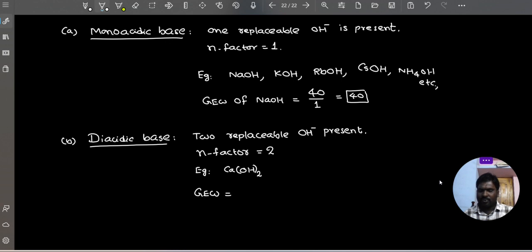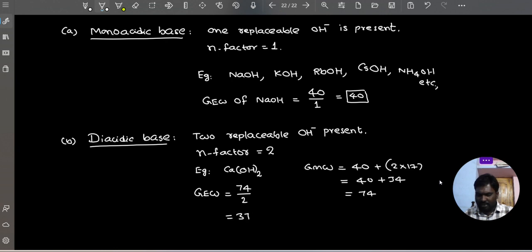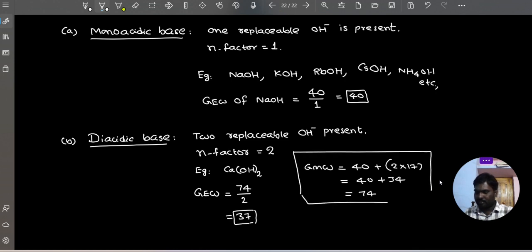Gram equivalent weight equals the gram molecular weight: calcium 40 plus 2 into oxygen 16 and hydrogen 1, which is 17, 2 into 17 is 34, 40 plus 34 equals 74. It can provide 2 hydroxide ions, N factor 2, so 74 by 2, 37, is the right answer. What is the gram equivalent weight of calcium hydroxide? 37. Understood?